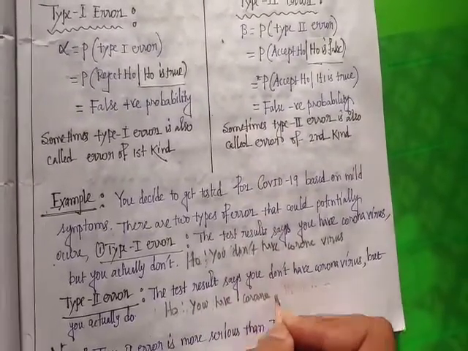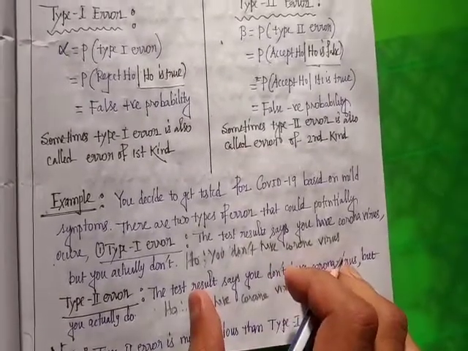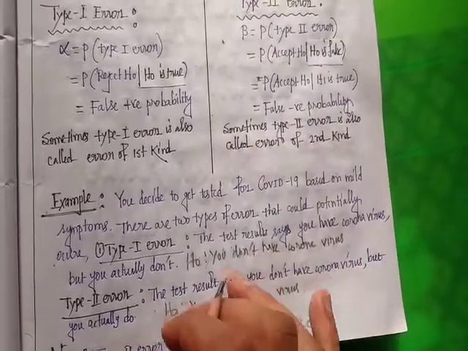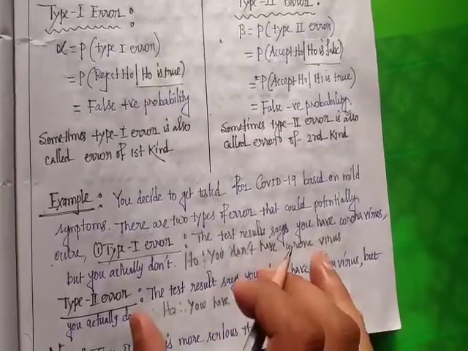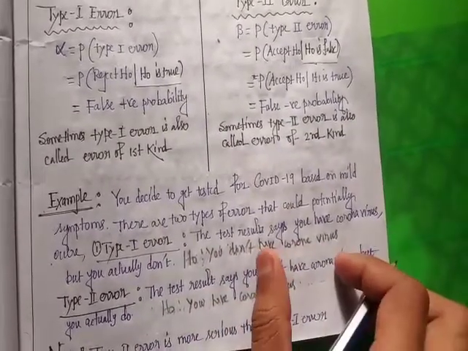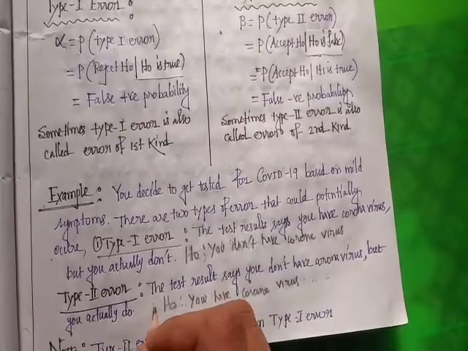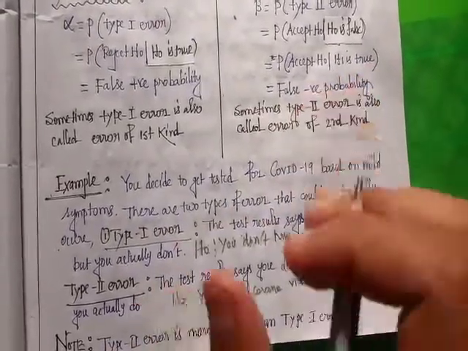The false statement of H0 is you don't have coronavirus. So we accept the false statement, and the result says you don't have coronavirus. But the correct decision is you actually do have coronavirus.